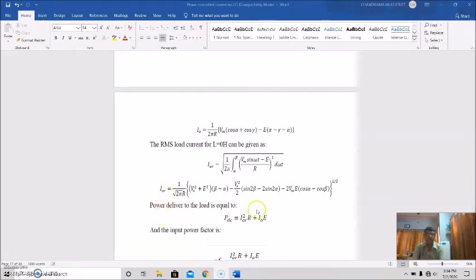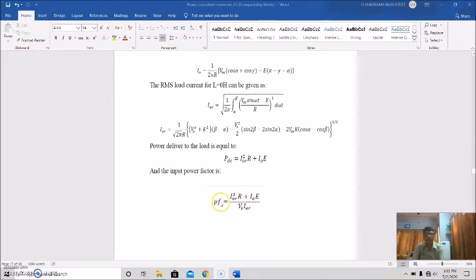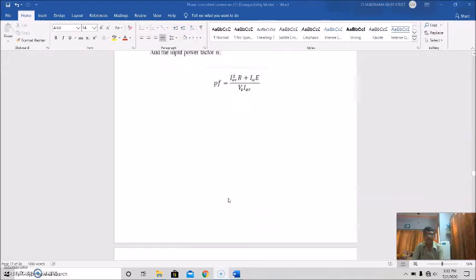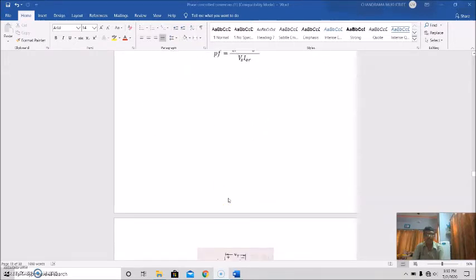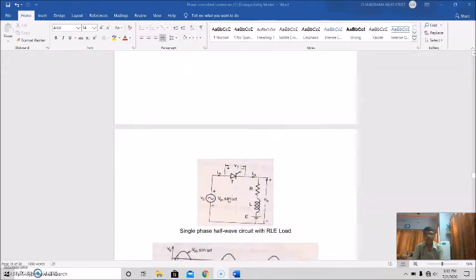The power delivered will be PDC equal to I rms squared R plus I naught E, and the input power will be like this. So this is about the RLE load.